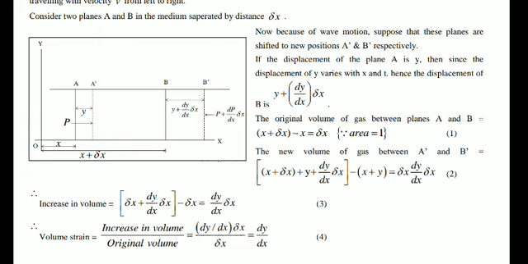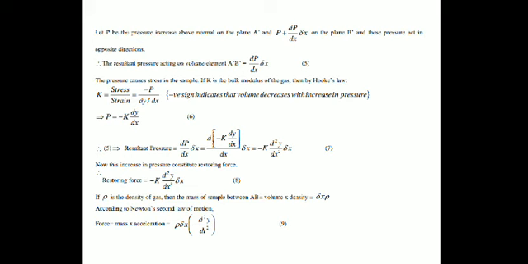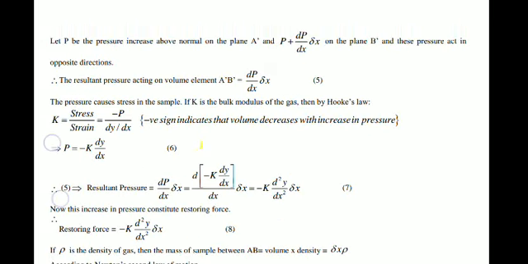So now we have found out the strain. We can also find out the stress. Now how to find out the stress, that we will see. I have already told you that P be the pressure at plane A dash and P plus dP by dx into delta x be the pressure on the plane B dash. So what will be the resultant pressure? The resultant pressure acting on the volume element will be final pressure minus initial pressure.